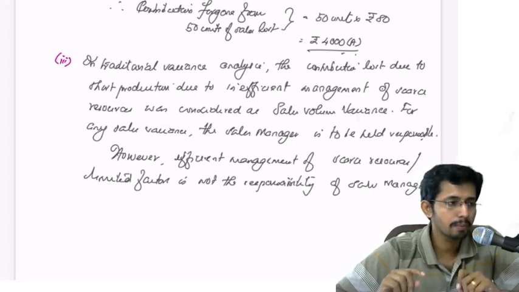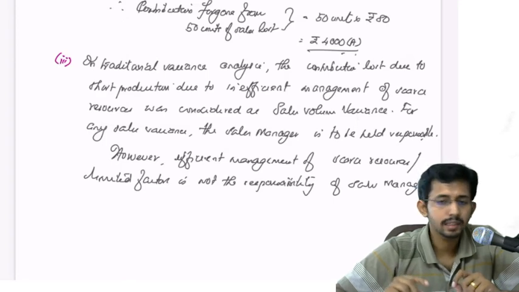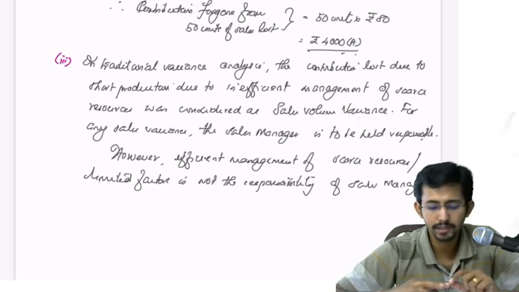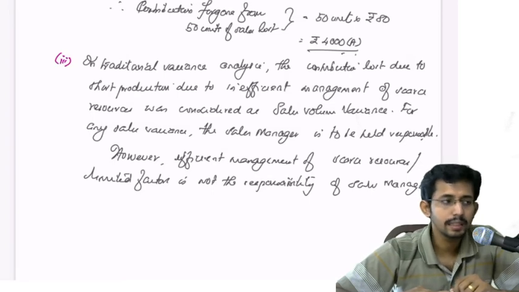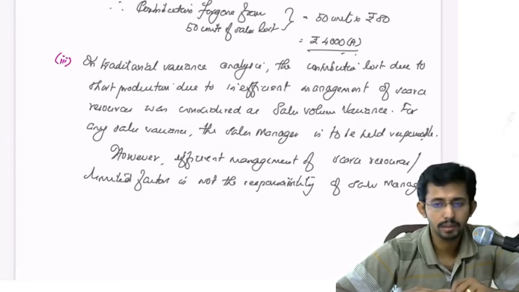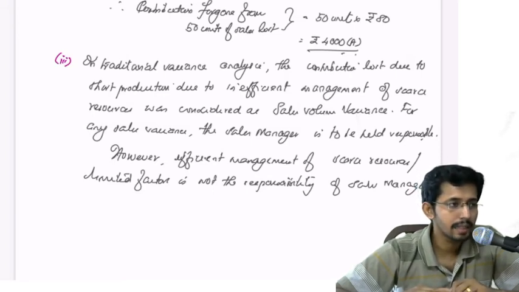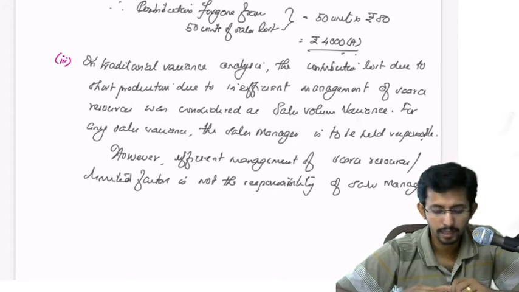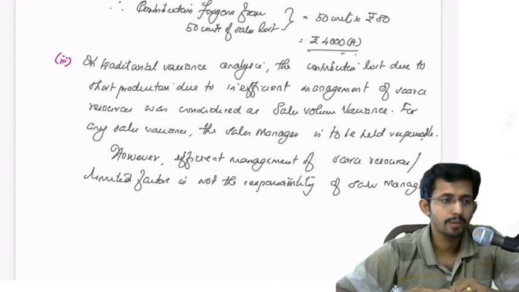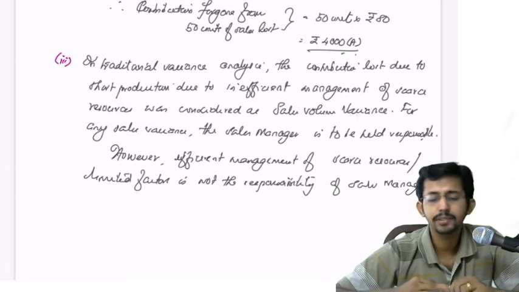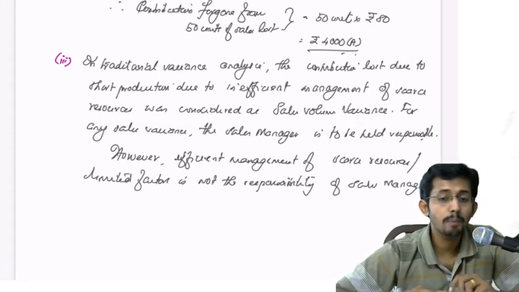In relevant cost approach of variance analysis, any contribution foregone from the short production due to excess consumption of scarce resource is treated as the opportunity cost.